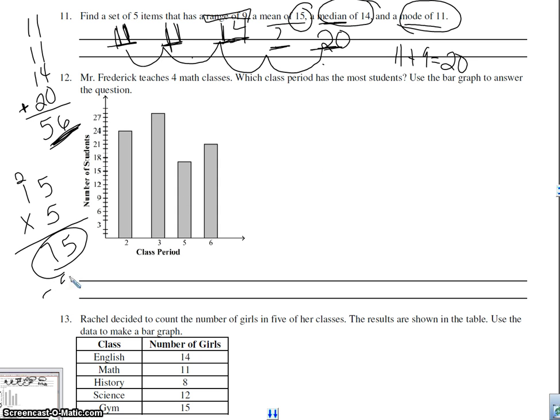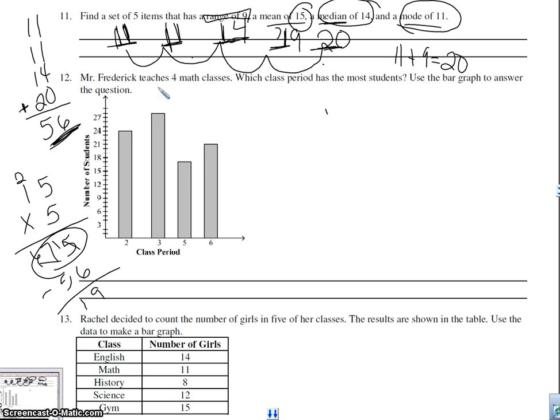So I'm going to do 75 minus 56, and I find out my difference is 19. So I know this number has to be 19, and that fits in our sequential order as well, because it had to be some number between 14 and 20. So then those are my 5 numbers, 11, 11, 14, 19, and 20.